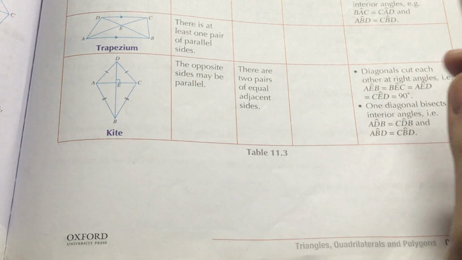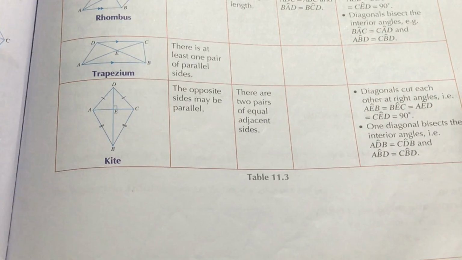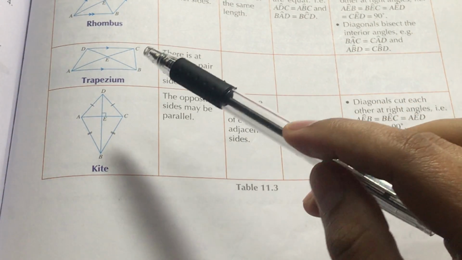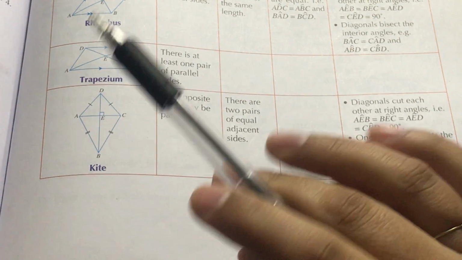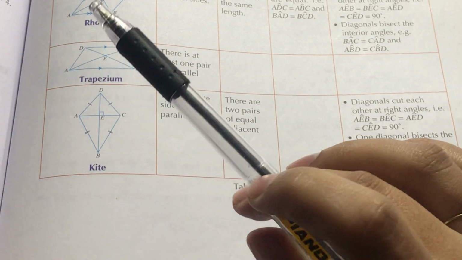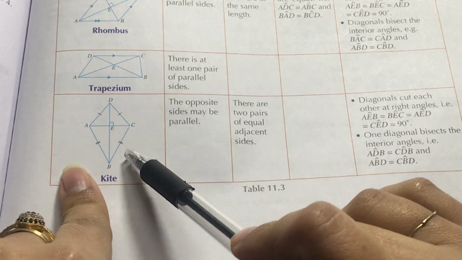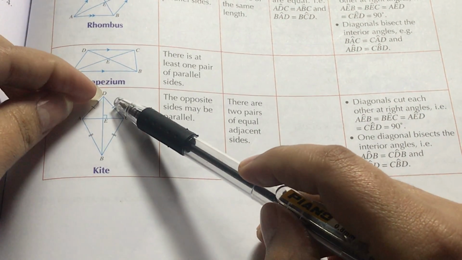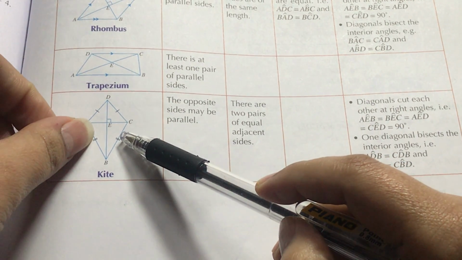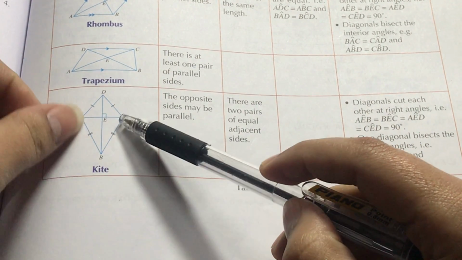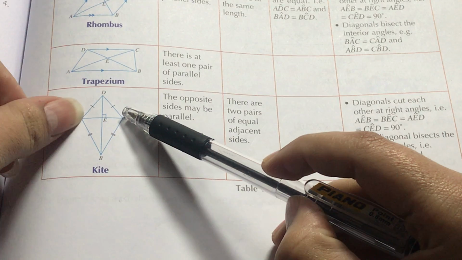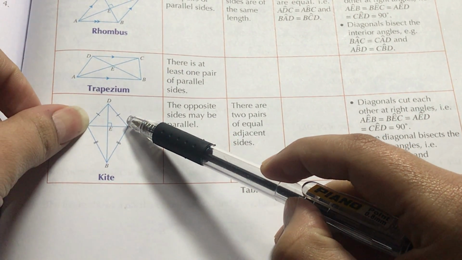So the basic difference between a kite and a rhombus, sometimes a rhombus shape is like a kite, but how will you judge that? In a rhombus we have 4 equal sides, but in a kite the top 2 sides are equal and the bottom 2 sides are equal. These bottom 2 sides are longer than the top 2 sides, right?